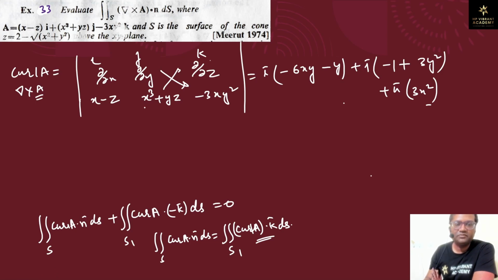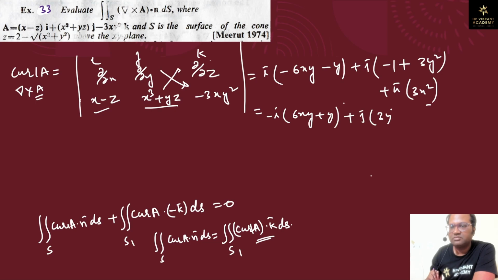So del upon del x of x cube plus yz is 3x square minus del upon del y of x minus z. There is no term of y here. So the curl of A is i cap times minus 6xy minus y, plus j cap times 3y square minus 1, plus 3x square k cap. Okay, this is curl of A.